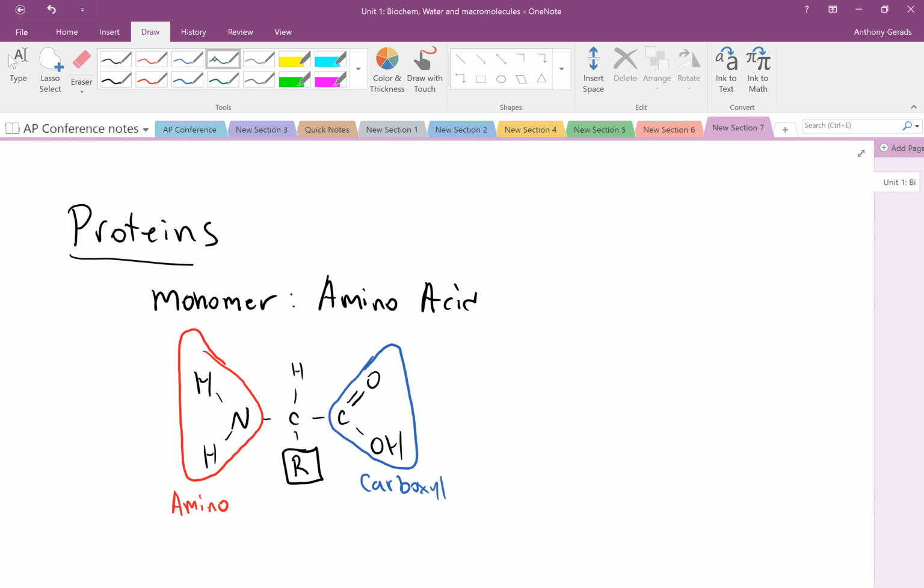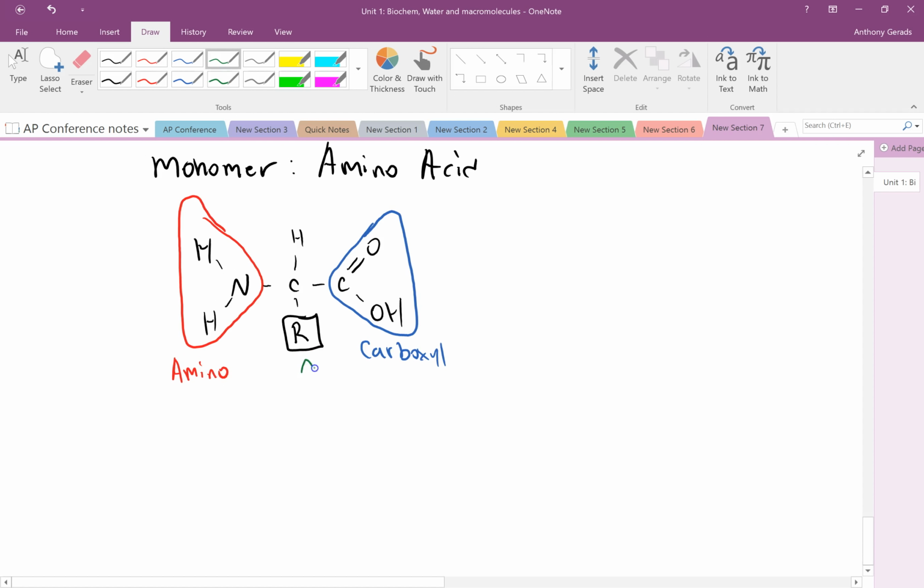And then we've got our functional group, basically. So that's what makes the amino acid behave different, that R group right there, that functional group. All right, all of them are going to have this same basic building block.